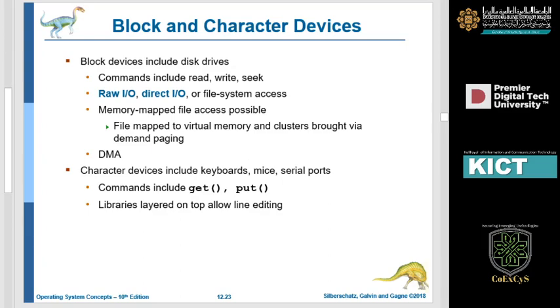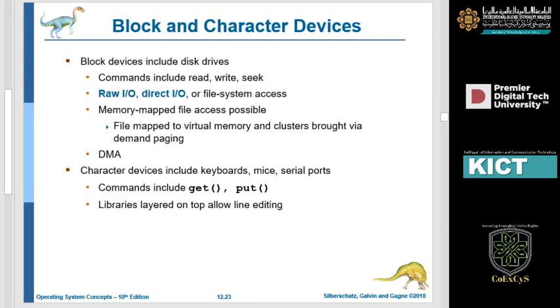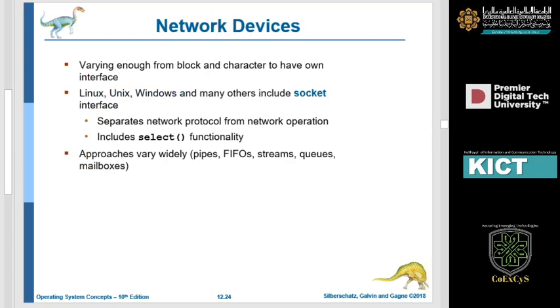Okay, so please read on about block and character devices. Block devices mostly include just disk drives, and it can be raw IO, direct IO, and so on. Sometimes, or most of the time, there's a DMA controller attached to it.